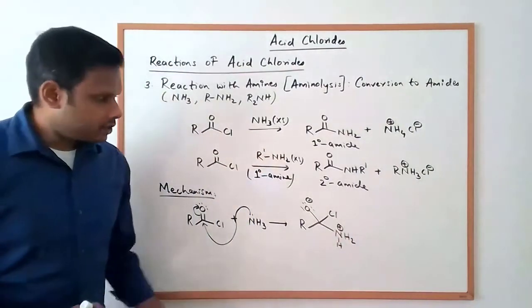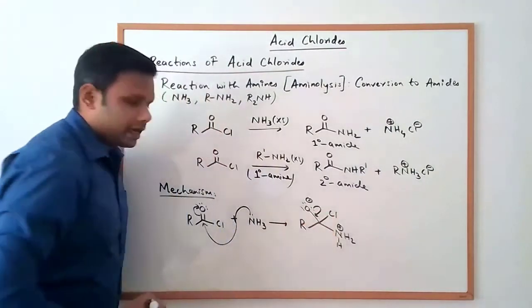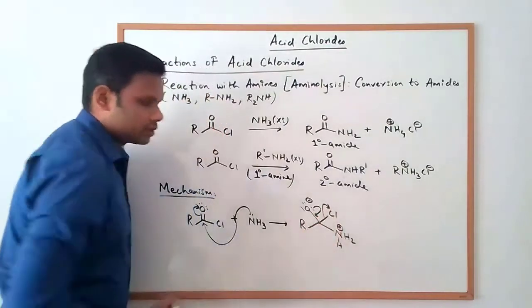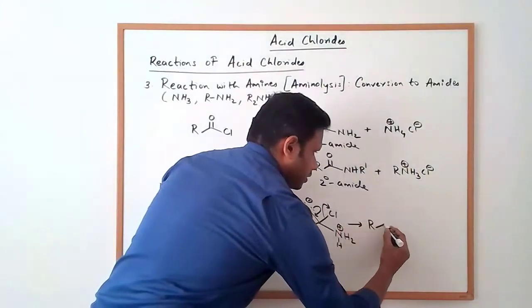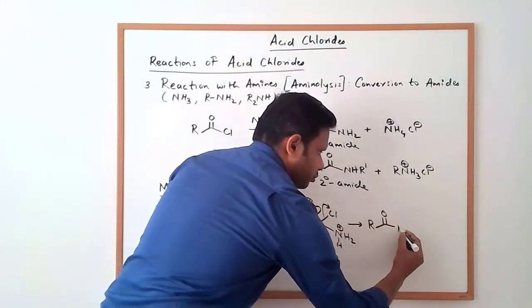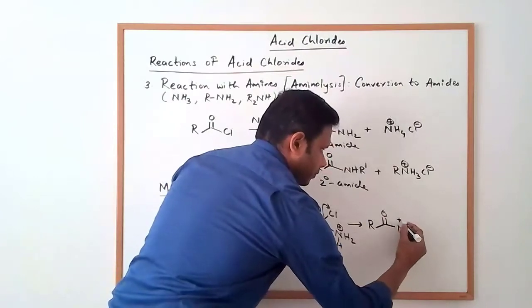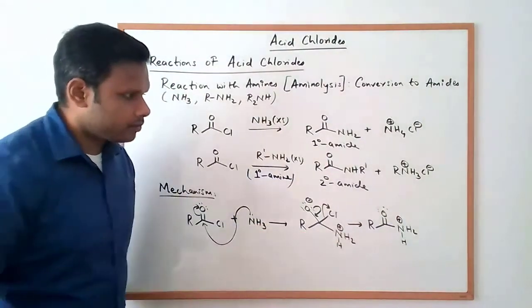We make the tetrahedral intermediate. The next step should be the collapse of the tetrahedral intermediate. And again, chloride, which is a good leaving group, leaves. And this will give us the protonated amide. We get the protonated amide there.